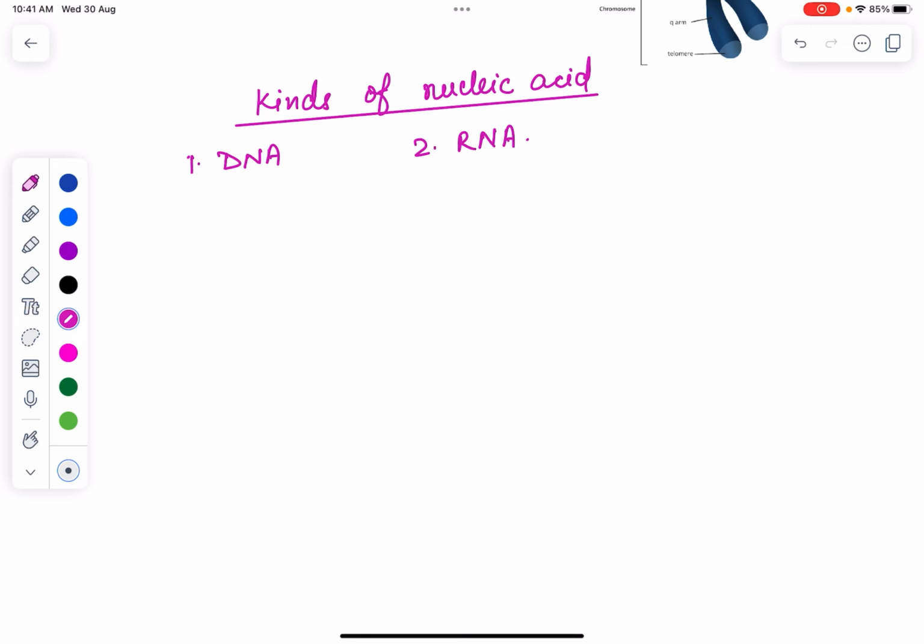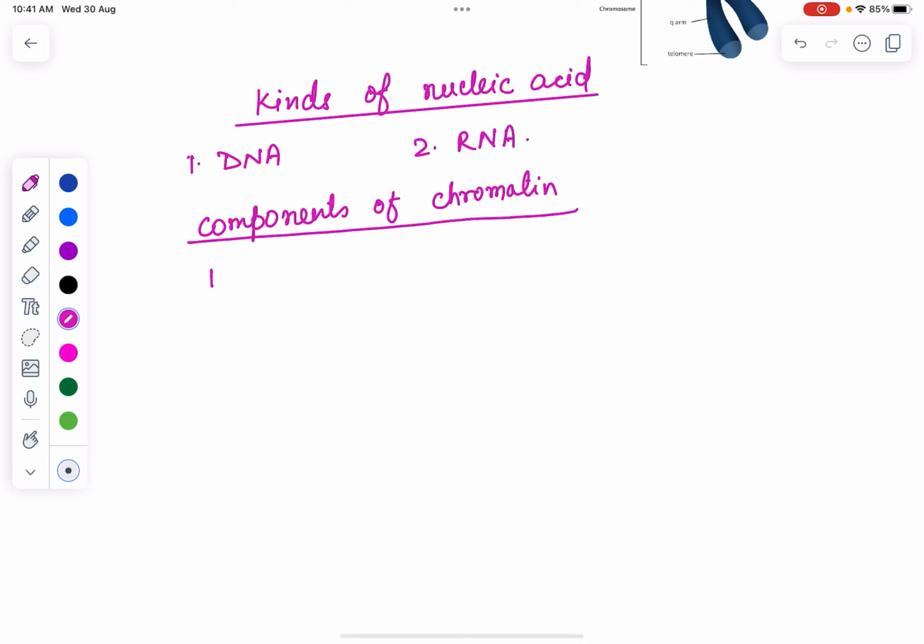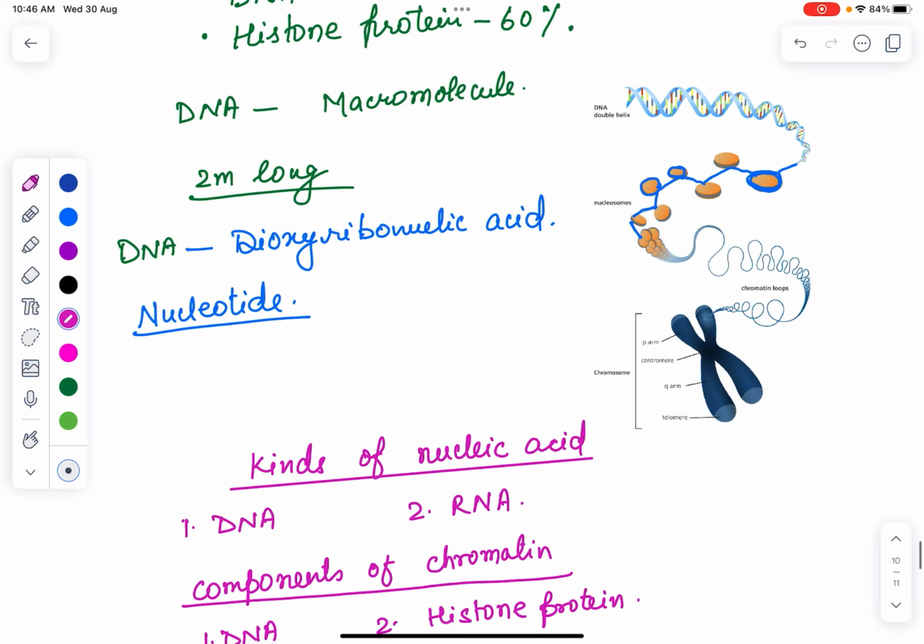Second, components of chromatin: DNA, histone protein. So we have seen this DNA and histone, these two are arranged together. DNA is coiled with histone protein.